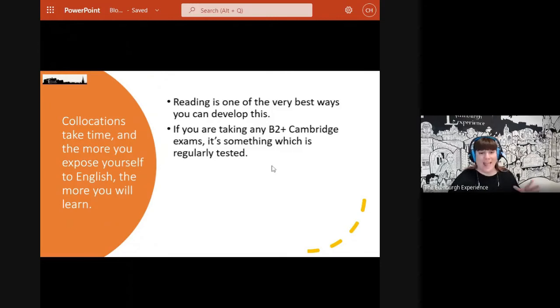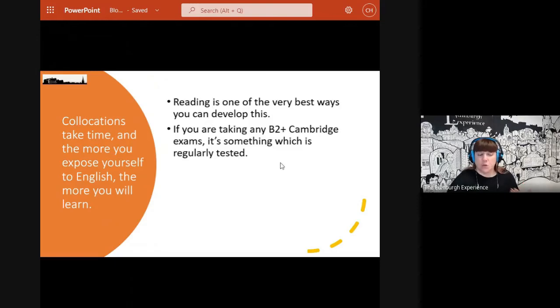Yeah. If you're taking a Cambridge English exam from the B2 level and above, so that's from FCE onwards, collocations is something which is frequently tested in your Use of English papers in things like the multiple choice cloze or the open cloze as well.